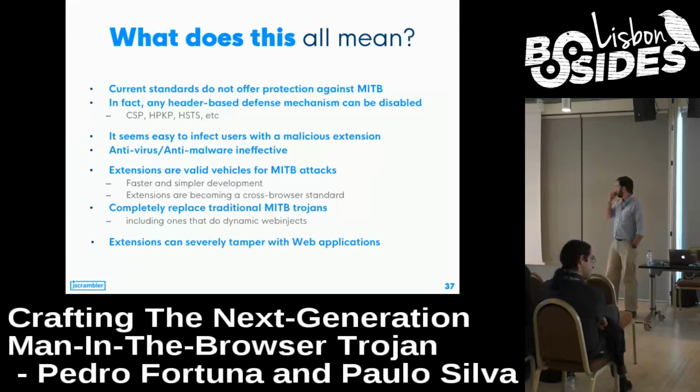So what does this all mean? That you're not safe, or not safer, even if you're applying the latest header-based security standards. So you should be sure that your applications are not vulnerable, and you have companies here which can help you find your security vulnerabilities and fix them.